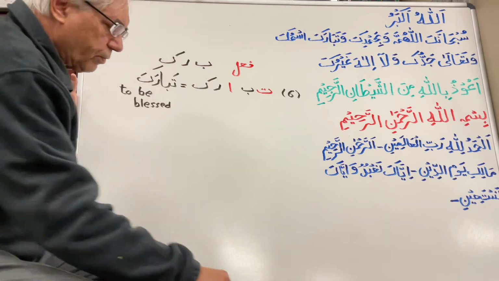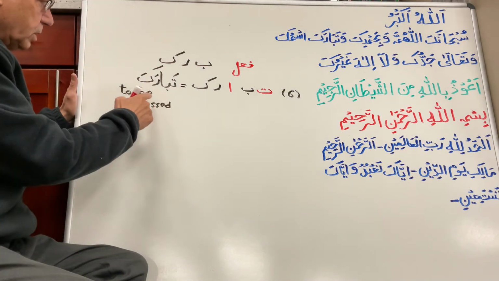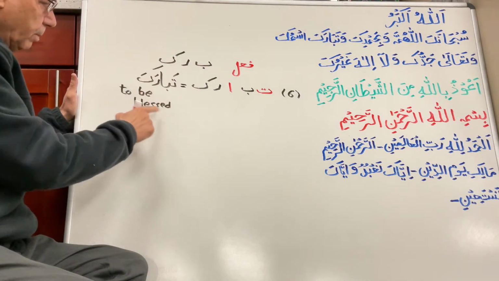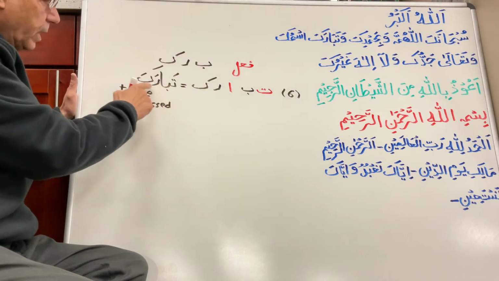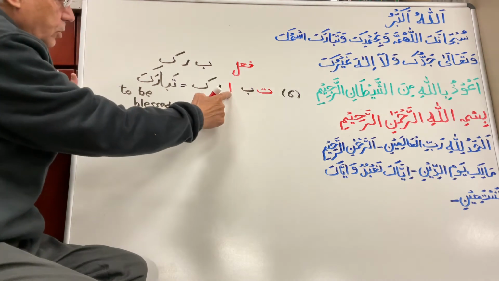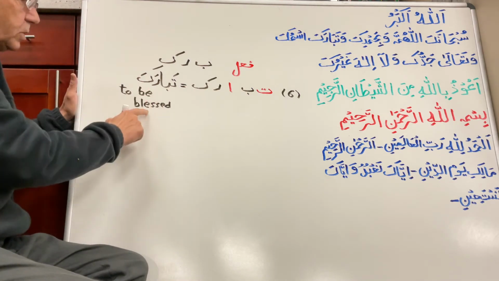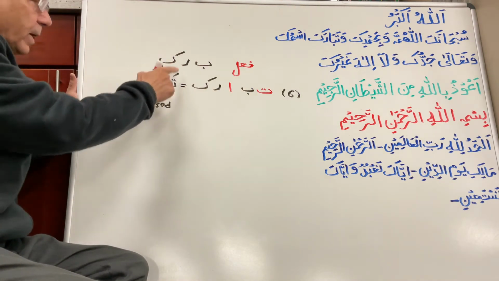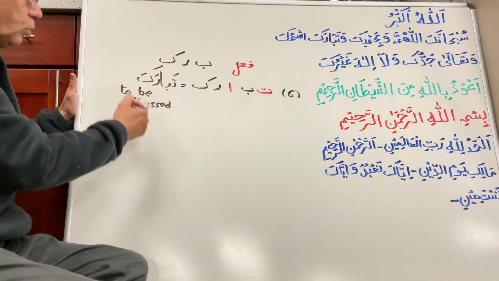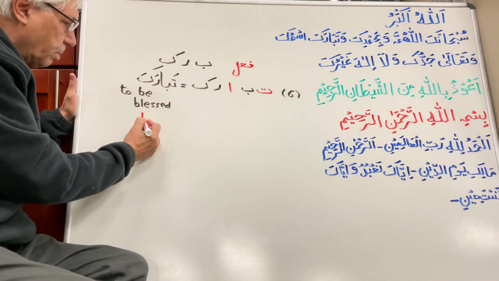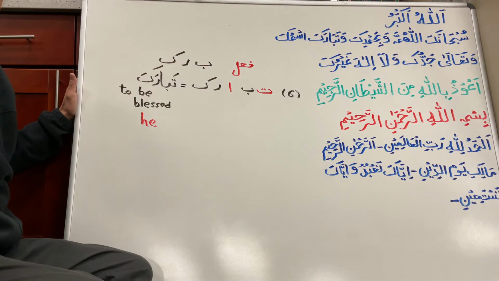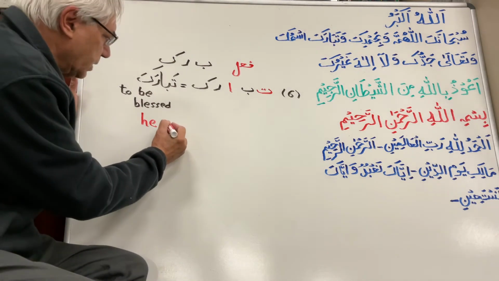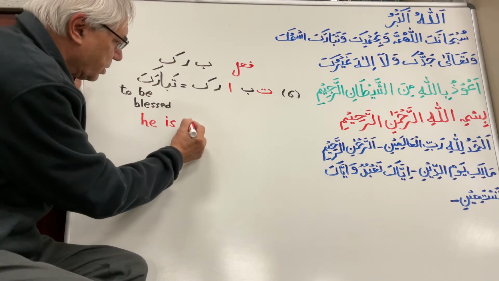So the meaning of Tabaraka, even though it is the name, is coming from these root letters, but after we make a Bab like this by adding these two, first of all, the meaning is to be blessed, but grammatically the meaning of this word is he is blessed. Third person, Fa'ala, he did. So whenever we say the name of the Bab, it is third person grammar also. So it means he is blessed.